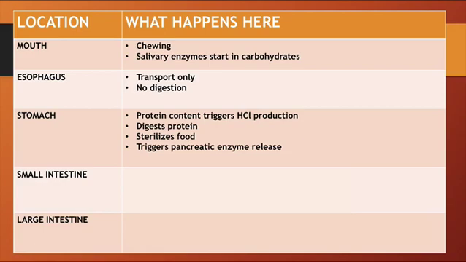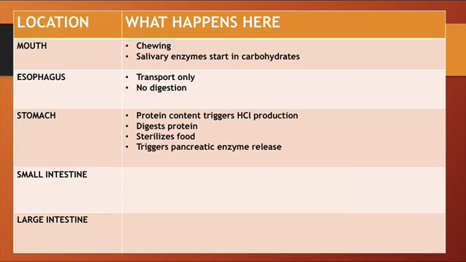Now, maybe that's a debatable issue, because you could say, well, I'm eating plant-based proteins, and yes, that might give you some hydrochloric acid production, but certainly not to the same extent that a concentrated source of animal or fish protein will do. Nevertheless, it's the protein content of the food that goes into your stomach that triggers the production of hydrochloric acid, that breaks down the protein so that you can absorb the amino acids that are liberated from that.